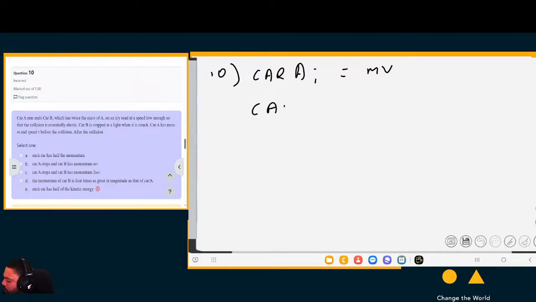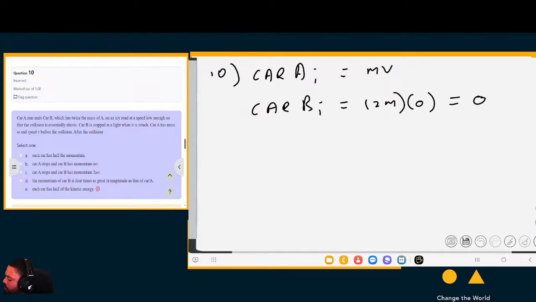Car B has twice its mass, but it is standing at the red light, so it has zero velocity, it has zero momentum, so its momentum is 0.